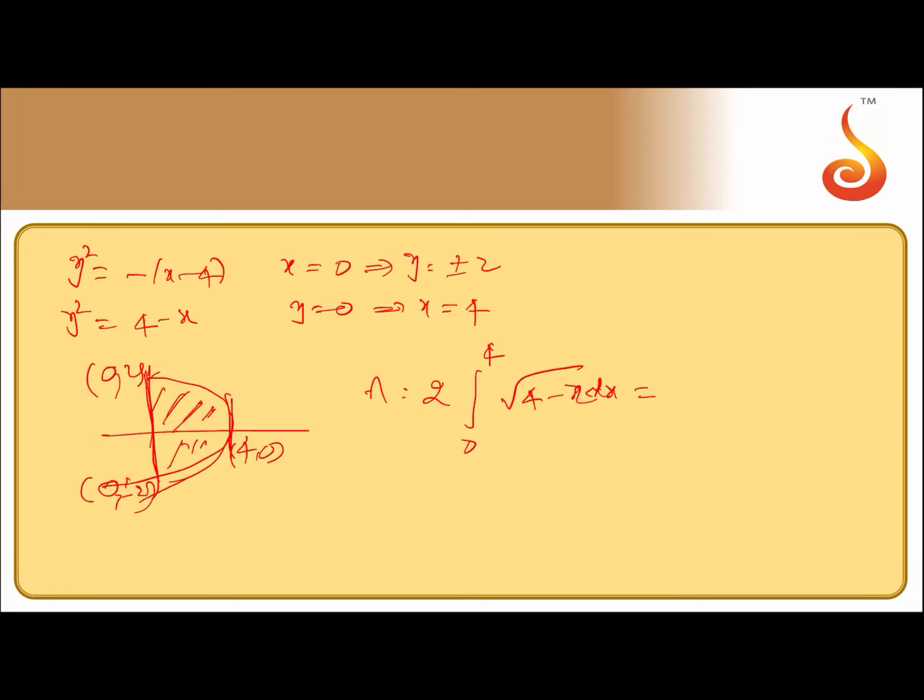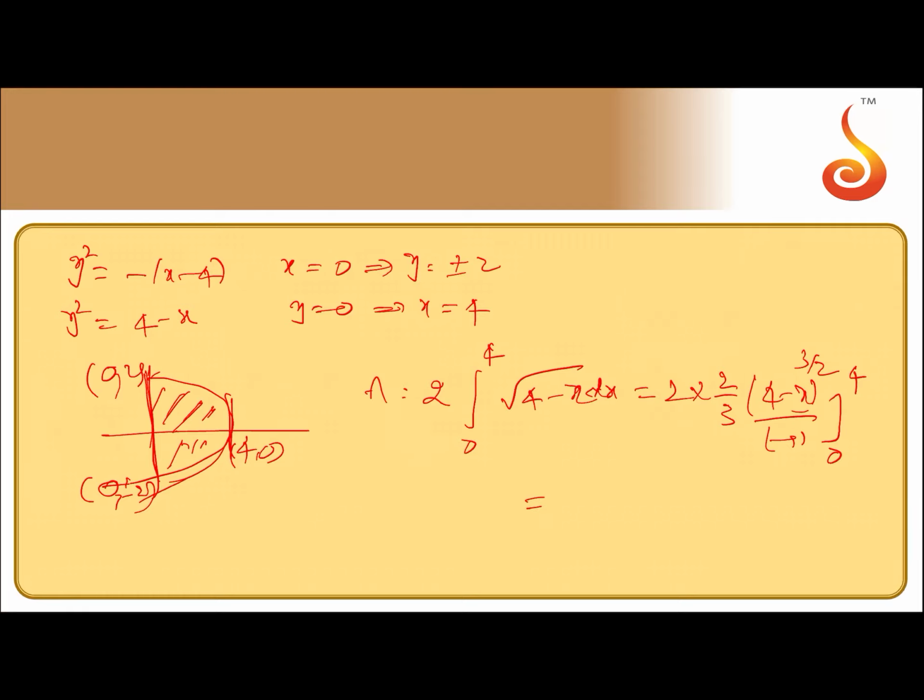Root x integrates with 2 by 3. So 2 multiplied by 2 by 3 multiplied by (4 minus x) to the power of 3 by 2, with a minus sign by minus 1. The limits are from 0 to 4.